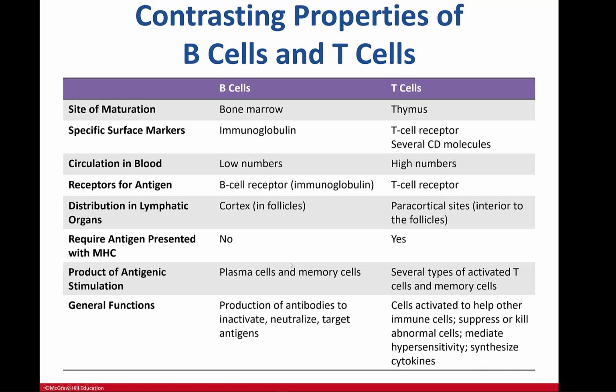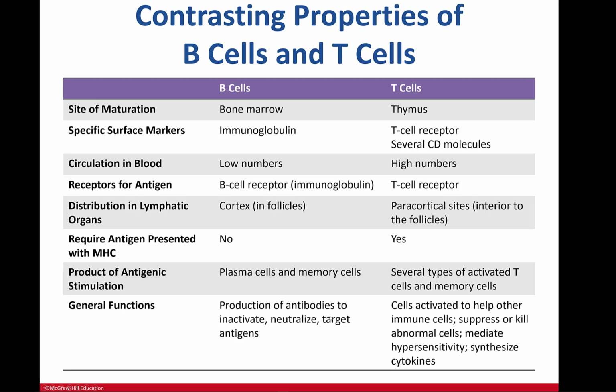Product of antigenic stimulation, plasma cells and memory cells. These are the cells that are involved in the production of antibodies. And of course, we want the cells that produce them, so we're quick and fast on the draw there. The antigenic stimulation, several types of activated T cells and memory cells on the T side. Not to be confused, but they have their own backup. So the regulatory system has its memory cells, so they don't have to reproduce or reconstruct things.